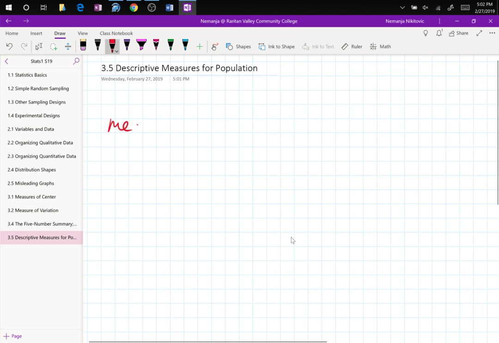So, population mean. Population mean is going to have a different notation. We are going to use mu, and it's going to be the sum of all xi's divided by capital N. So this is your formula.